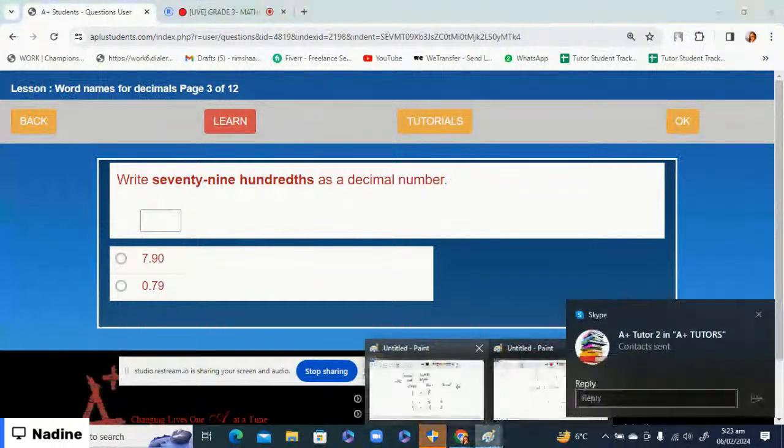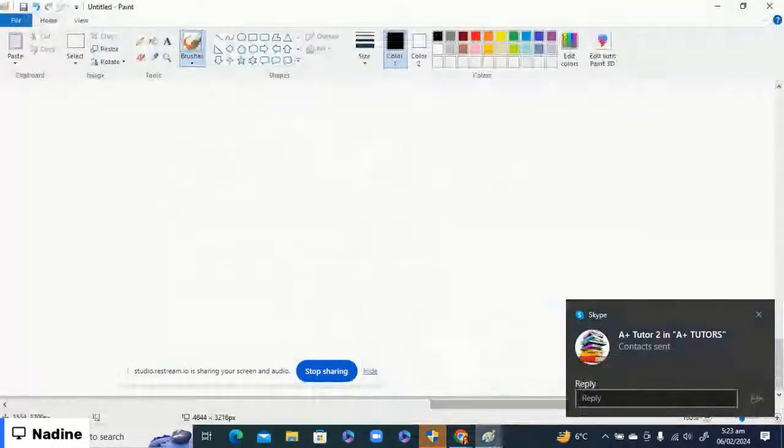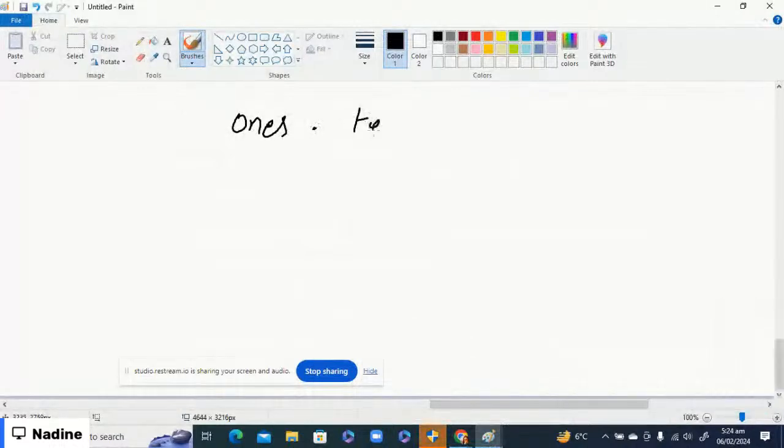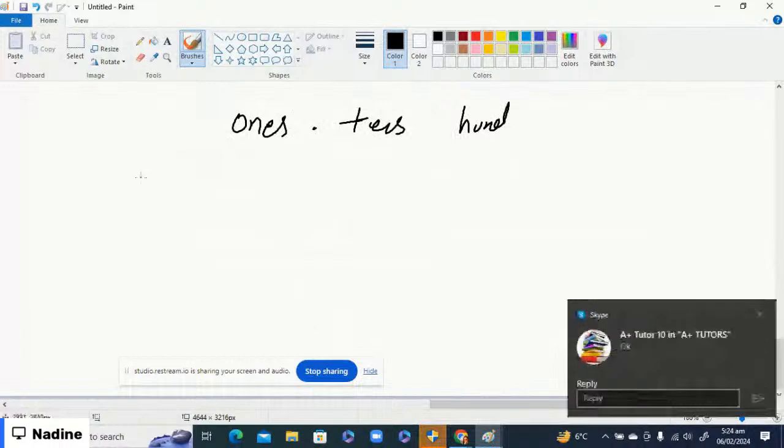Now write 79 hundredths. This is again the same thing. This is the ones place, then the point, tenths, then hundredths. So 79 hundredths means your point is here, and 0 is still in the ones place.